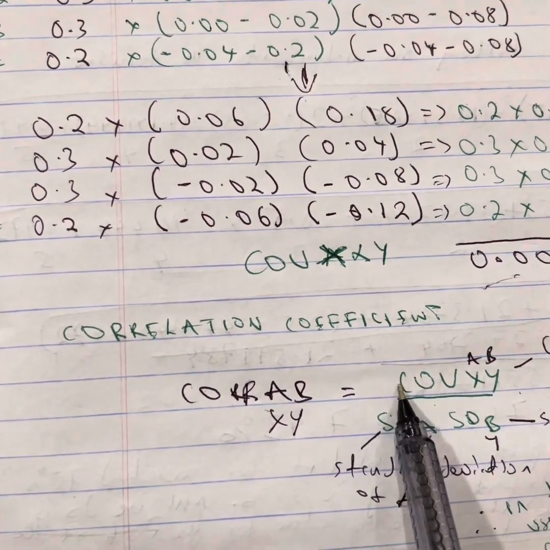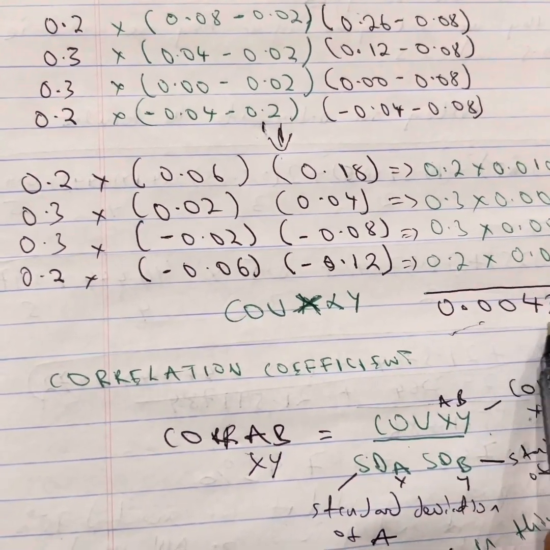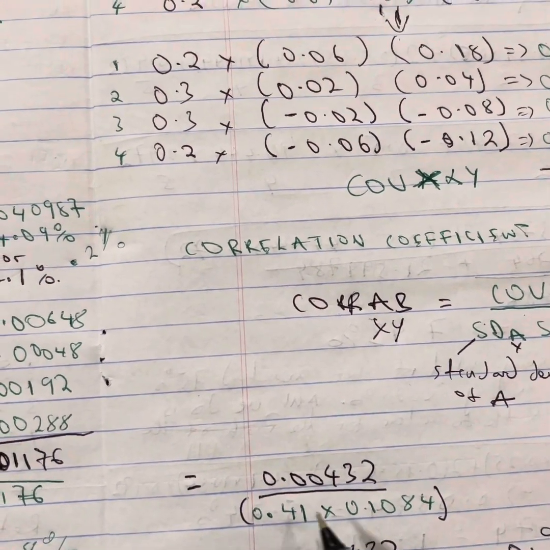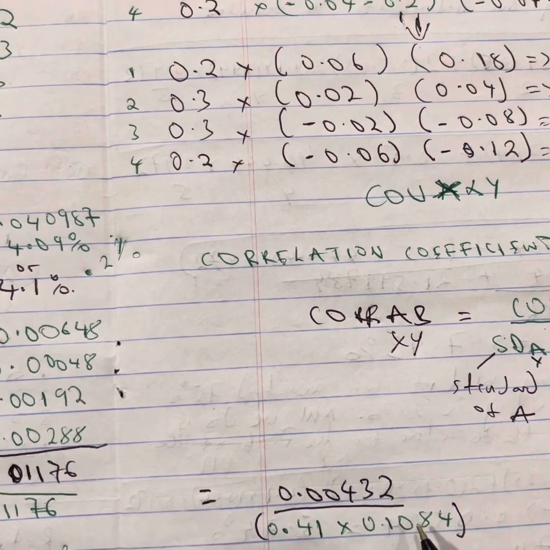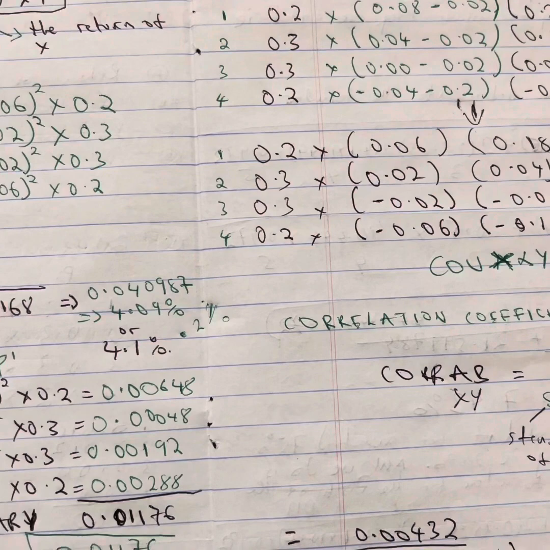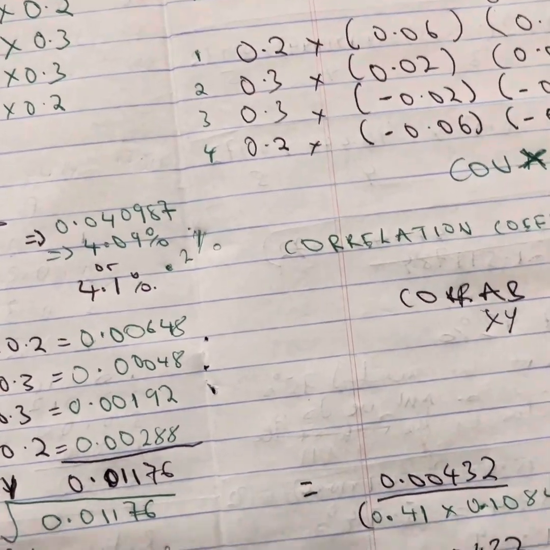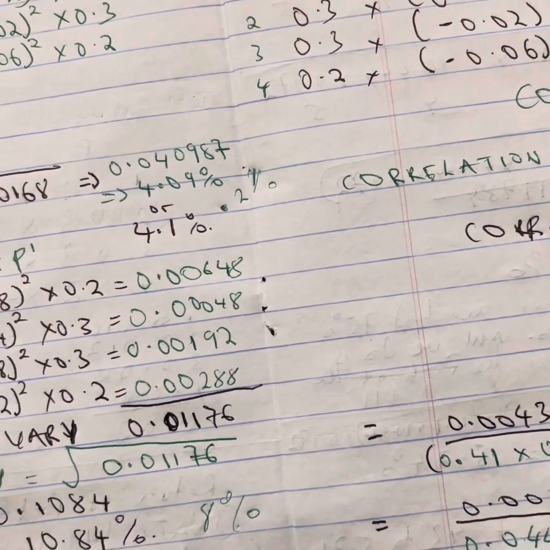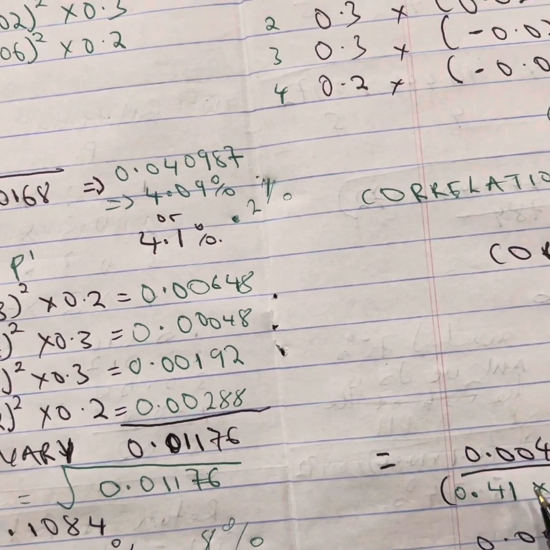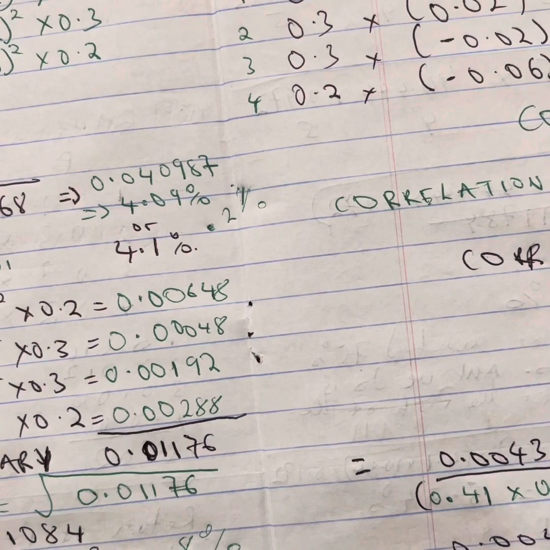So we take the covariance of X and Y, which is 0.00432. That is this. And we take the standard deviation of X and the standard deviation of Y. Please, we convert them from percentages to decimals before we use them. We don't keep them as percentages. So for example, here we rounded it off to 0.041. That was 4.1%. So 0.041 times 0.1084.